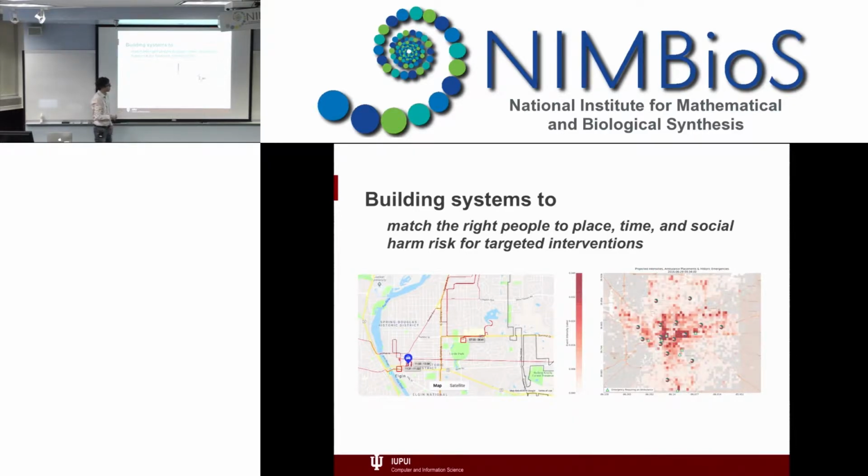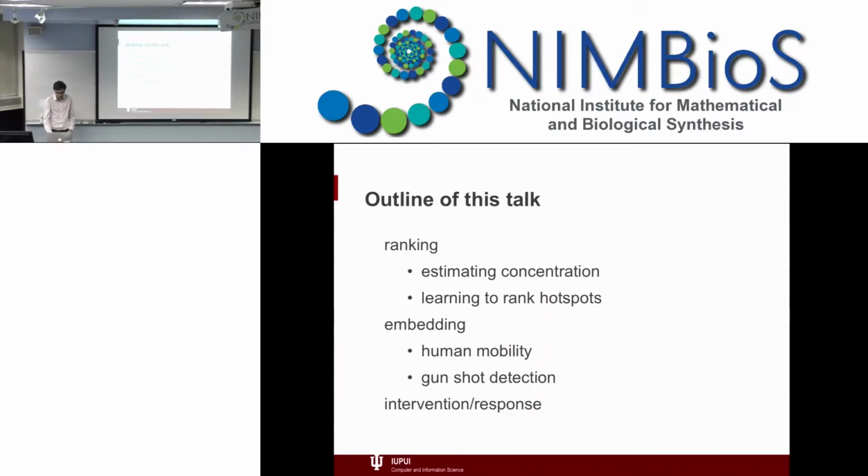It could be repositioning ambulances in Indianapolis every 30 minutes to more quickly respond to medical emergencies. So the outline of this talk is two or three separate problems that I think may be related to gun crime or gun violence. I'm not an expert on gun crime or gun violence, but I think some of these ideas may be useful.